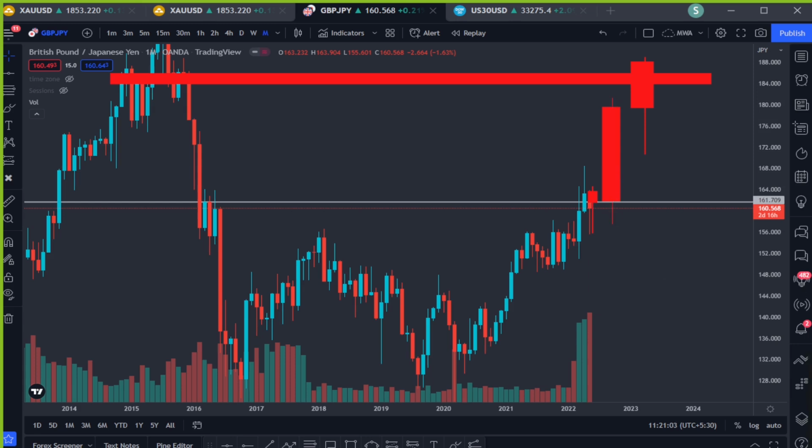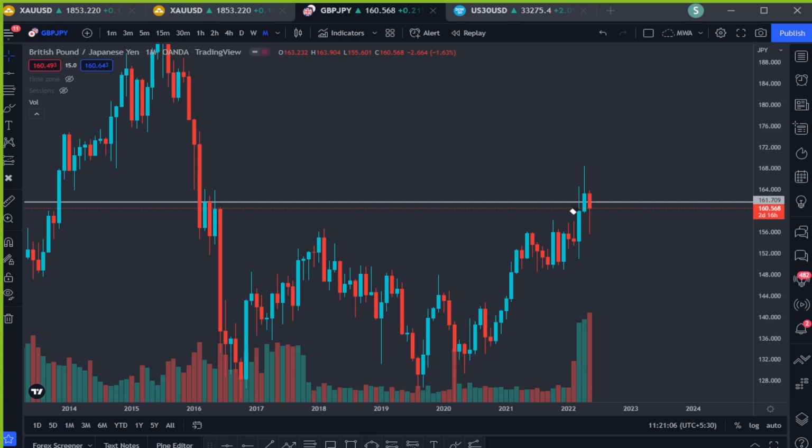But if that doesn't happen, and the monthly candle doesn't close like that, that will be like faking back into the range, or the price closing back into the range. Price closes above this resistance, and suppose the current monthly candle closes like this, it will be like closing back into the range.